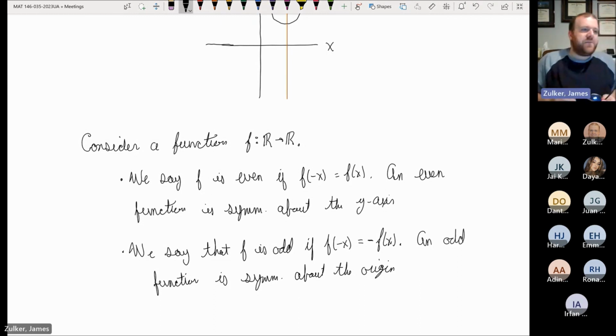If you multiply an even function by an even function, it's even. An odd function by an odd function is even. And an even by an odd is odd. We're going to be studying how to multiply functions after the break, but that'll be important with trigonometry.